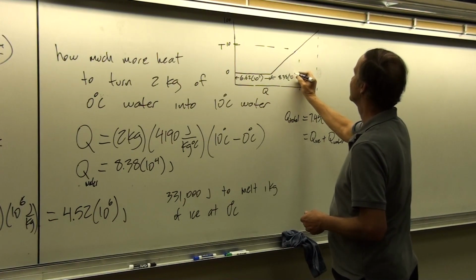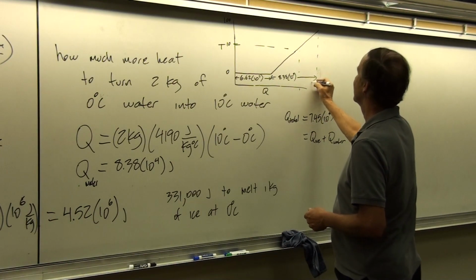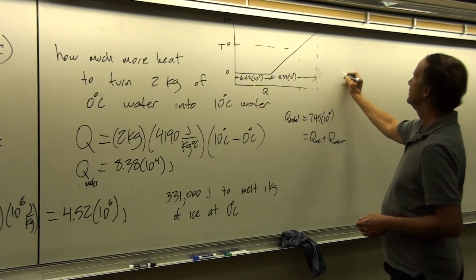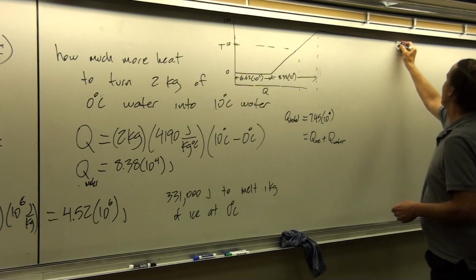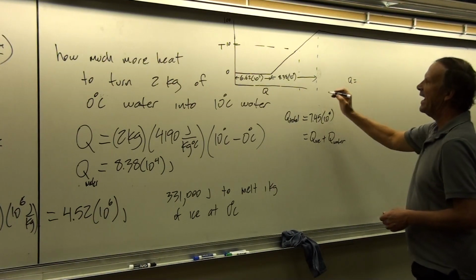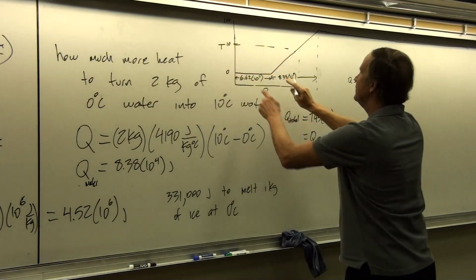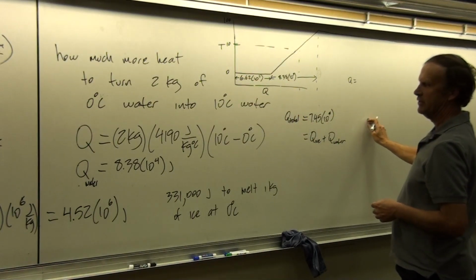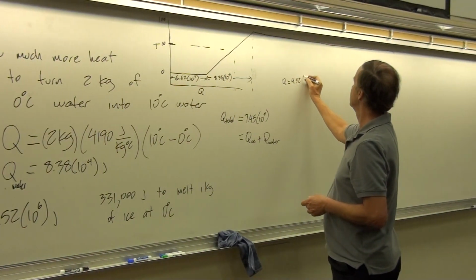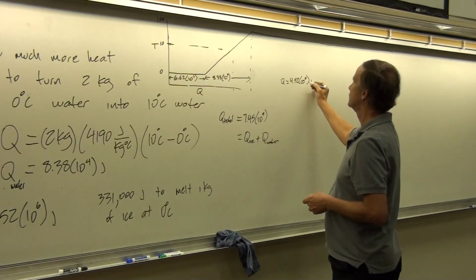I'll leave that as an exercise for you to show that that's what it would be to bring it to there. Then the Q to turn it into a gas here would be 7 or 8 times this amount, and so that would be our 4.52 times 10 to the 6 joules.